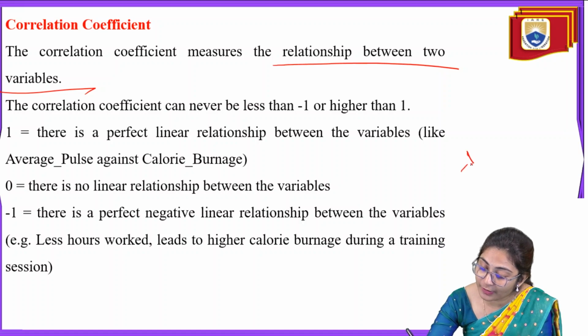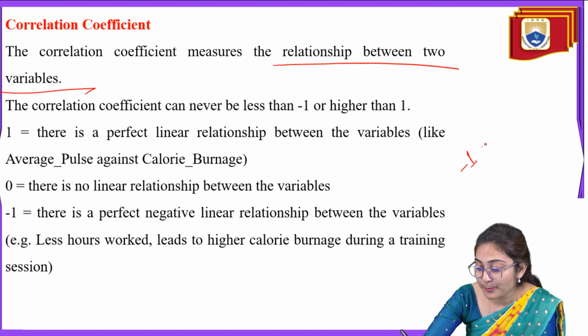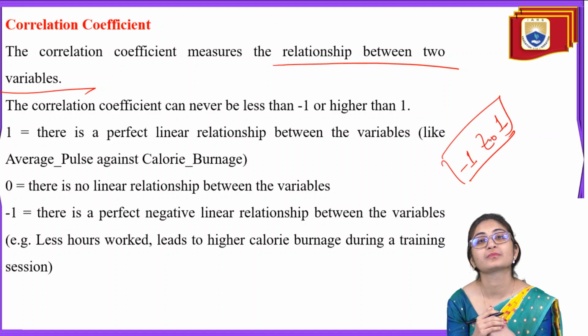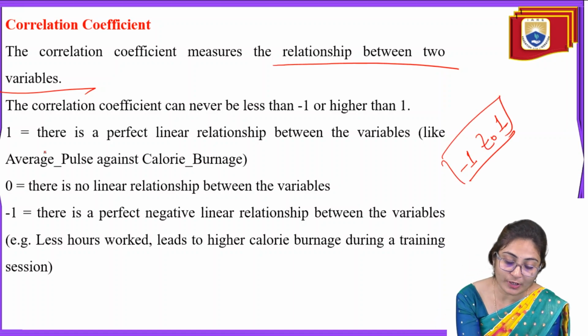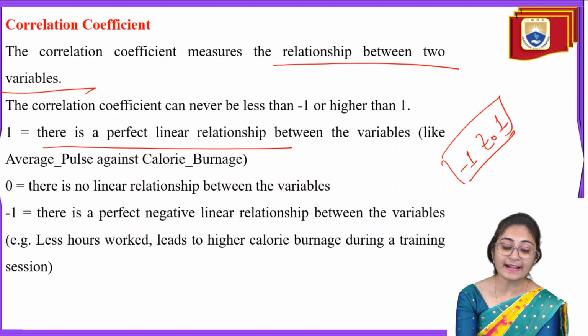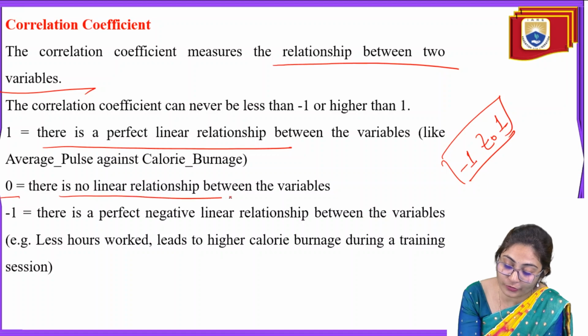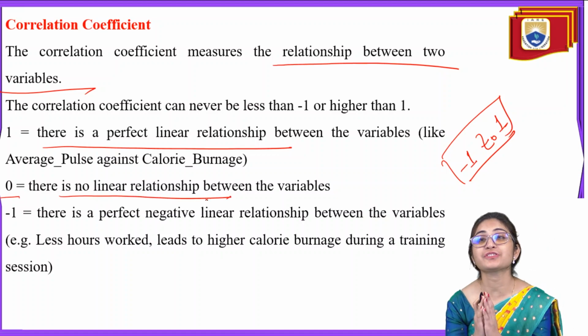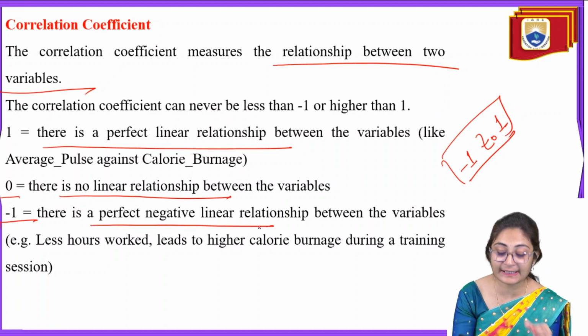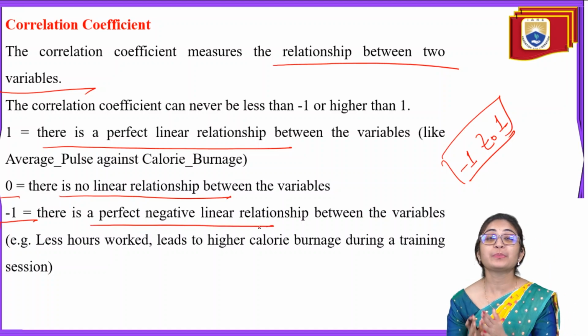That means the range will be -1 to 1. 1 is a perfect linear relationship between the variables, 0 is no linear relationship between the variables, and -1 is showing a perfect negative linear relationship between the variables.